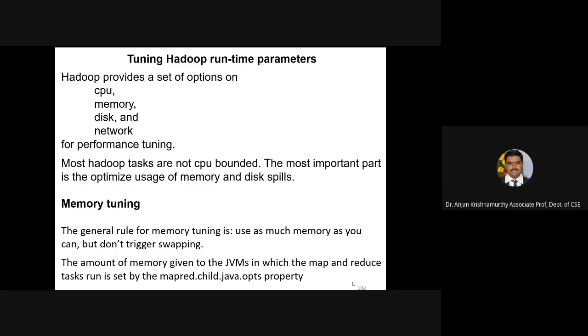So when you talk about memory in general, this is something which is not so bounded. The reason is that there are certain privileges given to a user to do memory tuning. Now, what are these things? Given the amount of memory which is given to the JVM, you may opt for fewer child tasks to be loaded onto the memory, or fewer map tasks to be loaded onto the memory, right?